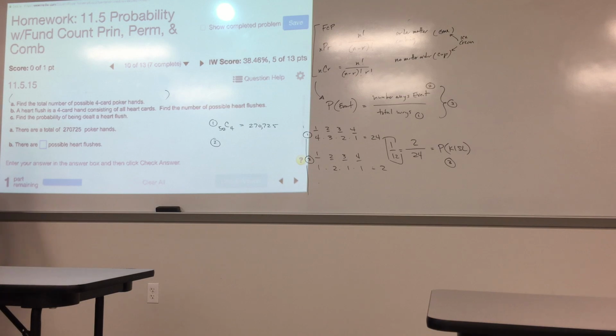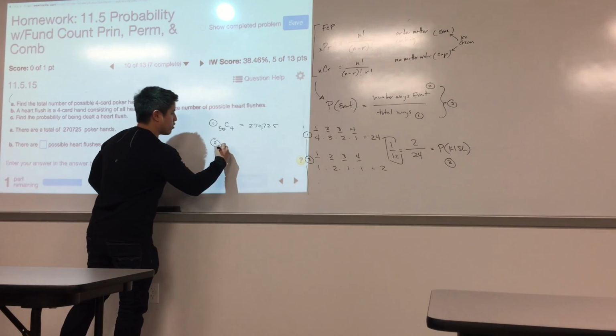Not P though. It's not P, because the order in which you get the heart cards doesn't matter. You don't have to worry about that. But remember to ask yourself, how many heart cards do we have to select from? 13C4, there you go, that's better.